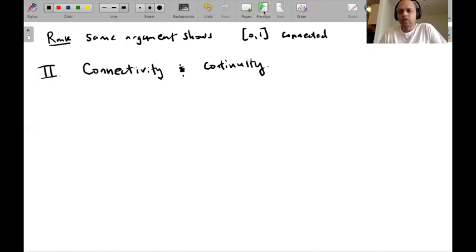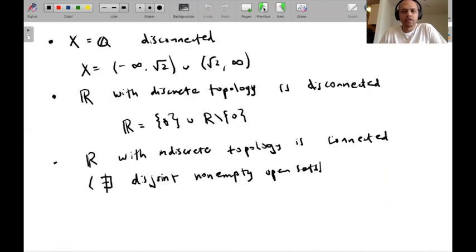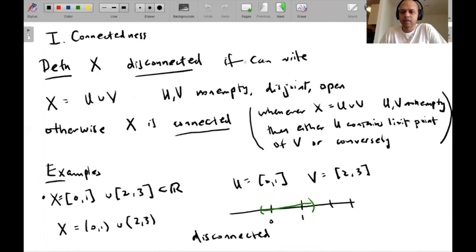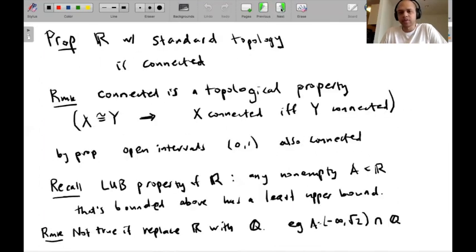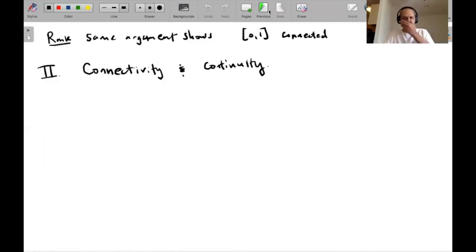Okay, so far we have the definition of connectedness and disconnectedness, and we know some basic examples. And now I want to explain how you can use continuity to characterize being connected or disconnected, and how you can use that to show things are connected or not.